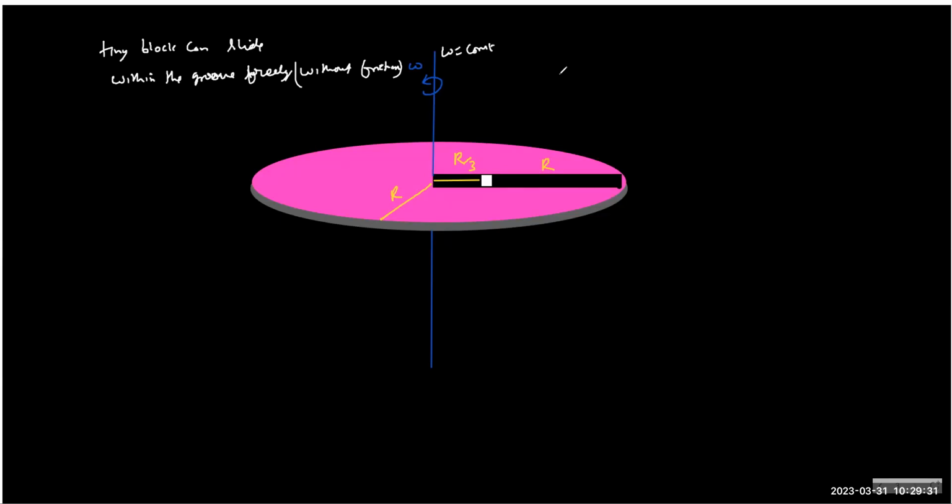Or they may give you that a thread is attached from the axis to the block, and once you burn the thread at t equals 0, what will happen? The block will start sliding away.